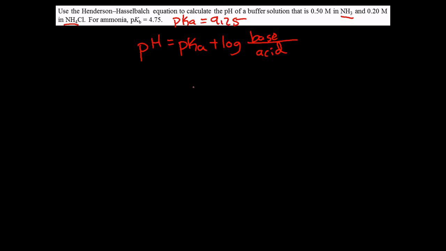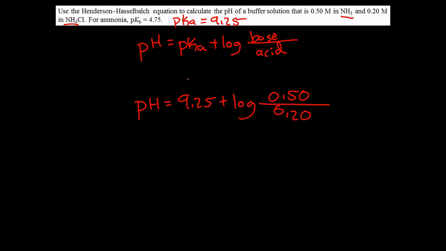Okay, so then, if the ammonia is our base, pH is going to be 9.25 plus the log of 0.5 over 0.2. And if I do that math, let's see.